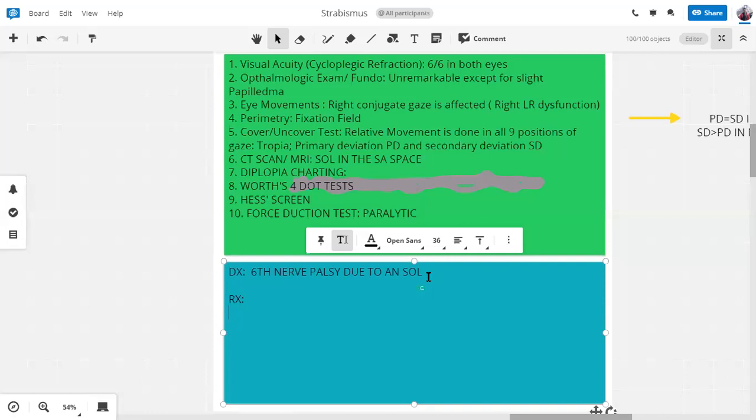Surgery, neurosurgery. So what's the principle behind this neurosurgery? To remove the SOL. Lesion को remove करना. Decompression. We have to treat the cause. We have to perform neurosurgery. We have to forward him to the neurosurgeon so that he can remove that SOL and decrease that compression.